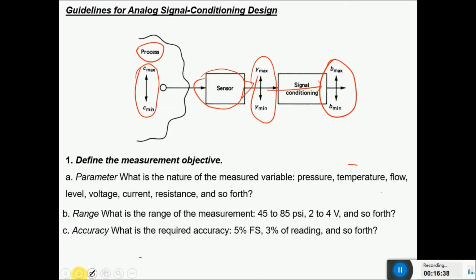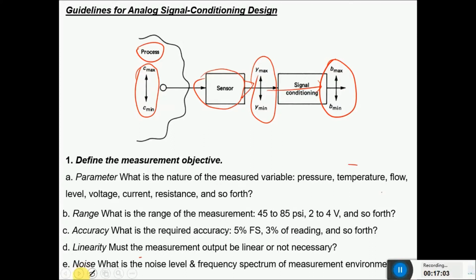What is the desired accuracy by which we have to measure that particular parameter? How much tolerance do we have in determining the magnitude of that parameter? Linearity. Must the measurement output be linear, or is it not necessary? And the noise, what kind of noise is present, if there is any noise, and what are the level and frequency of the noise?